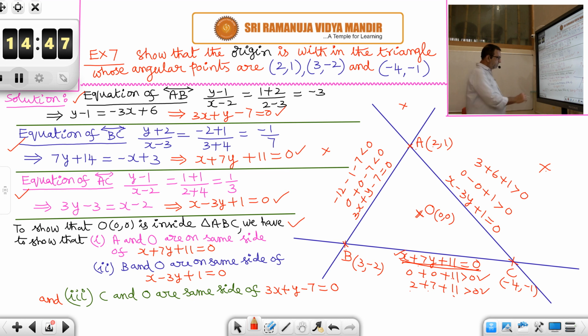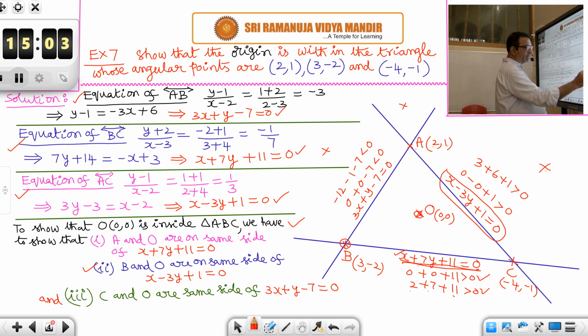Second condition: B and O are on the same side of this line. See, B, this vertex, and O are on the same side of this line. We have to prove that. If origin is inside the triangle, origin and B will be on the same side of this line, is it not?